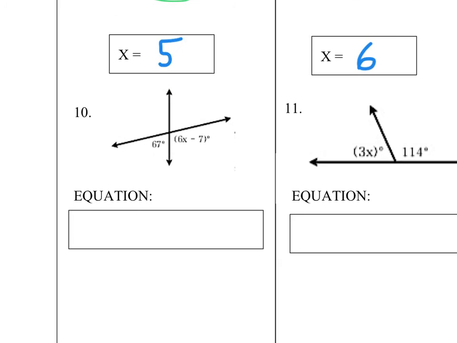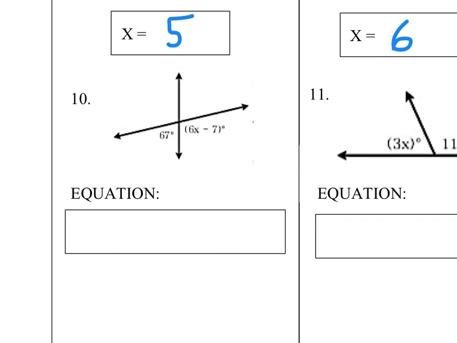Now, these ones right here, we have to look carefully and see, is there a 90-degree symbol? No. And if you see my little circle here, it makes it like a half circle, and a half circle adds up to equal 180 degrees, which is supplementary.